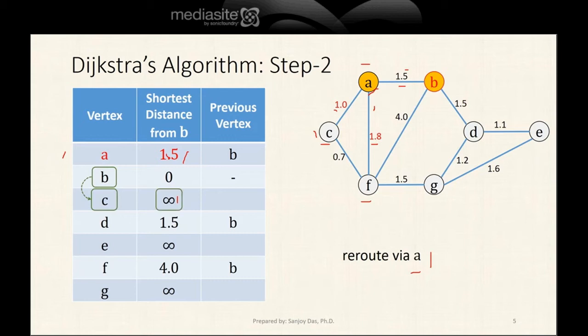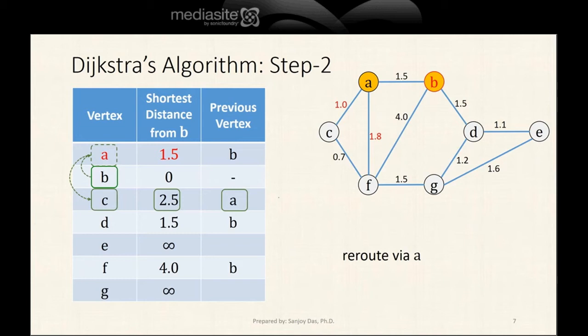Now, what if I reroute through A? What do I get? B to A is this 1.5 here, and then A to C is this 1.0 here. 1.5 and 1.0 is smaller than the infinity that I had found so far, and therefore I replace the infinity with 2.5, which is 1.5 plus 1.0.